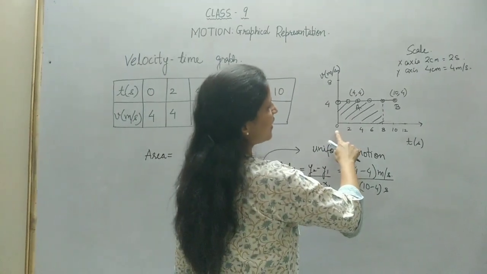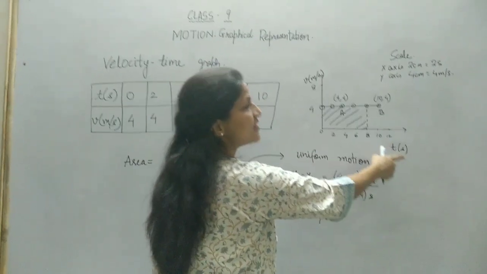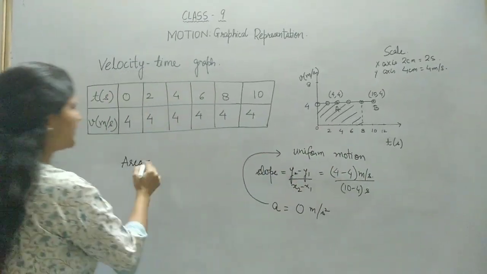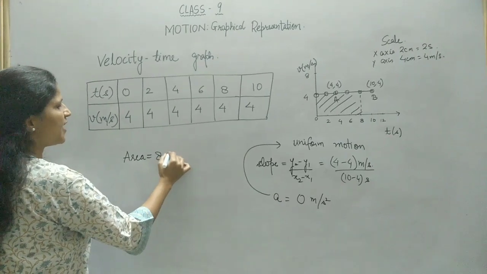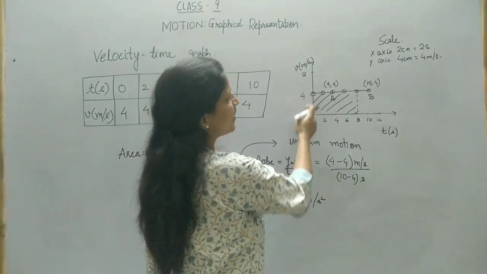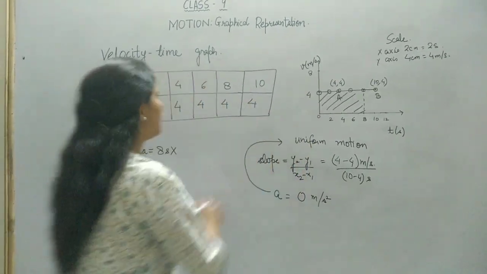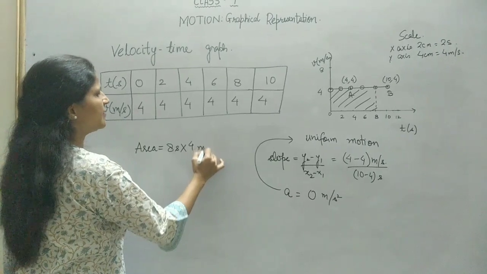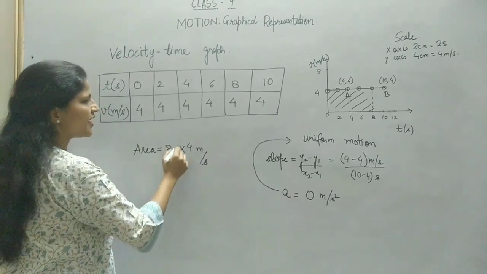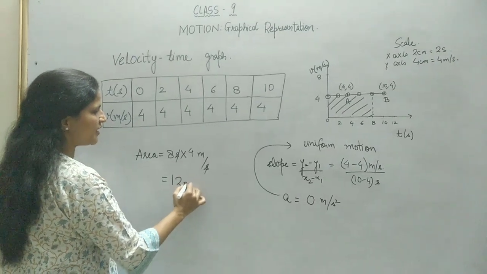This side of the rectangle is 8 seconds long, so the length is 8 seconds. And the width is 0 to 4, that is 4 meters per second. So the seconds cancel and we get meters.